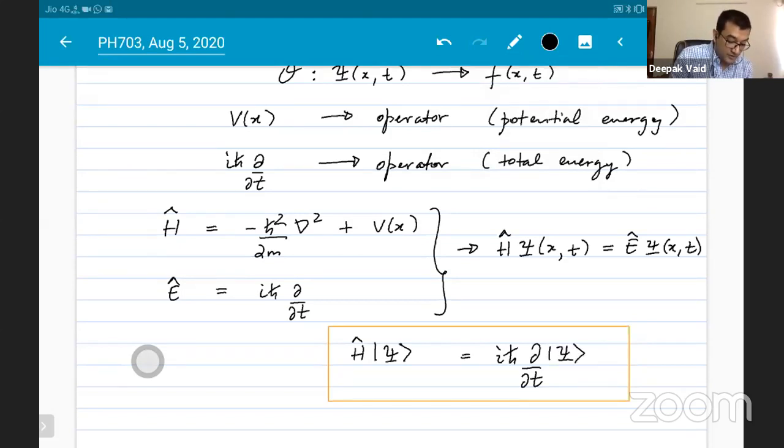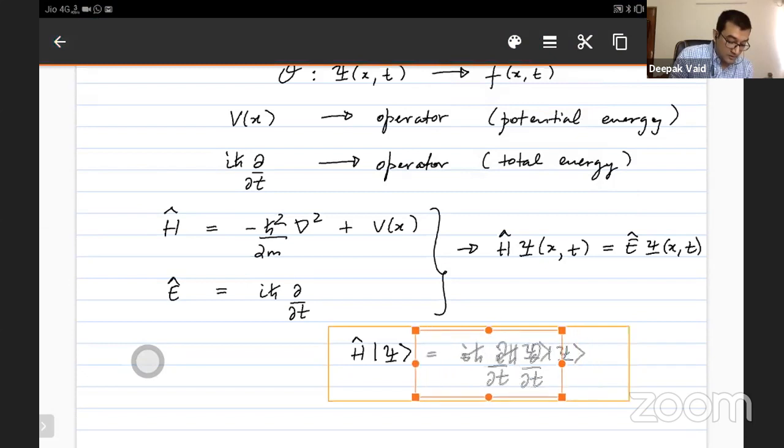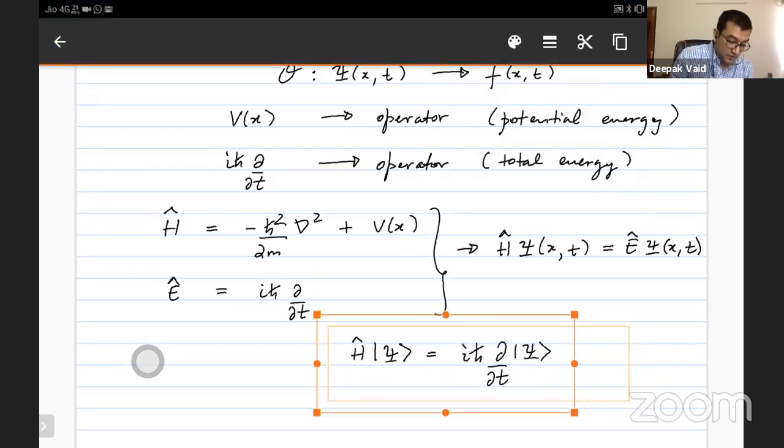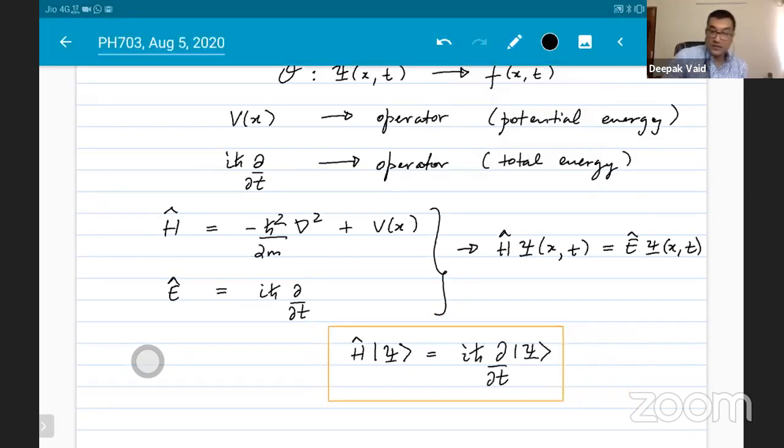So this is our Schrodinger equation. Now this ket psi looks exactly like what we are familiar with. This is an eigenvalue problem.